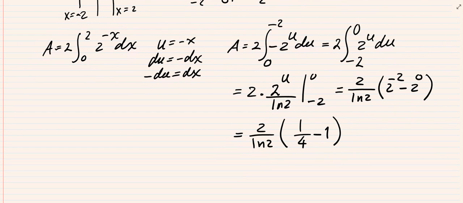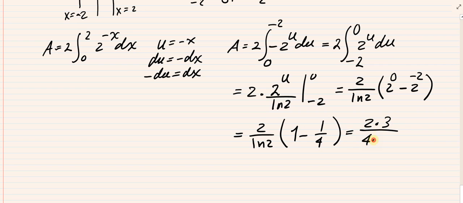Oh, I see what I did. Sorry, right in here I switched those orders. You put the upper limit first, so it's 2 to 0 minus 2 to negative 2. That's going to make it 1 minus 1/4, which is 3/4. So it's 2 times 3/4 over ln of 2, or 3 over 2 ln of 2.